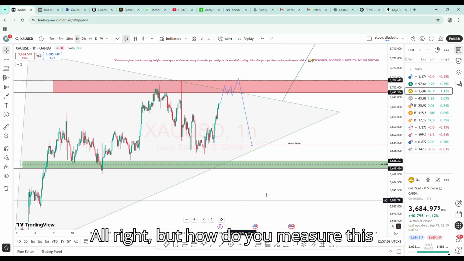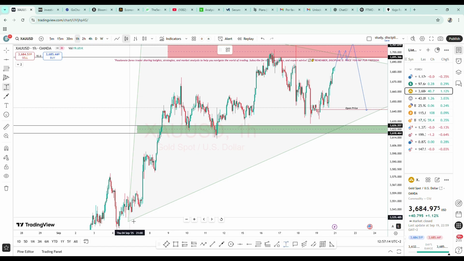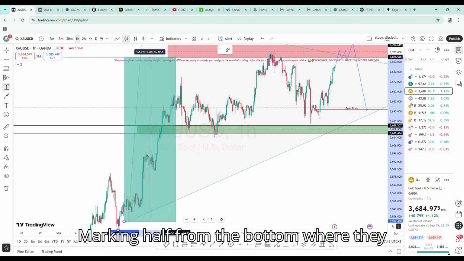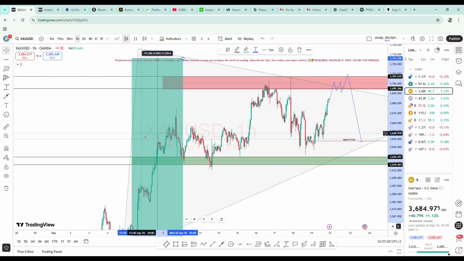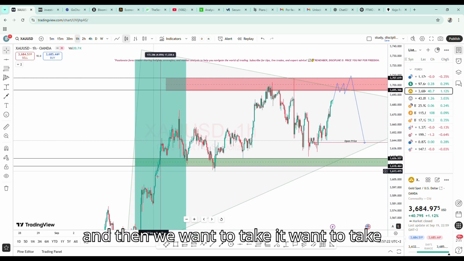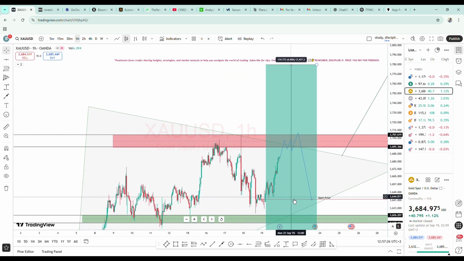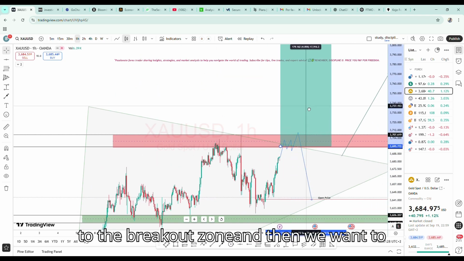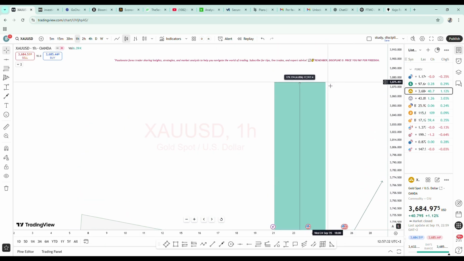But how do you measure this journey? It is by marking half from the bottom where they move. You want to mark it, and then you want to take it to the breakout zone, and then we want to see how many pips. 3,875.